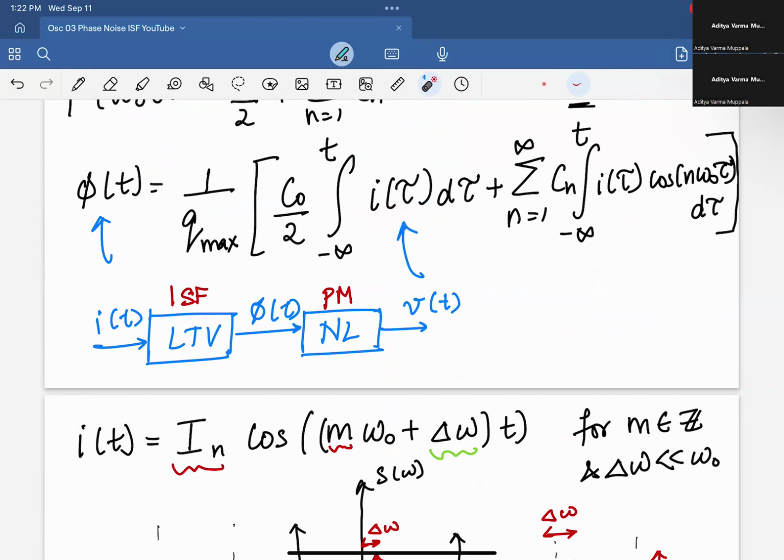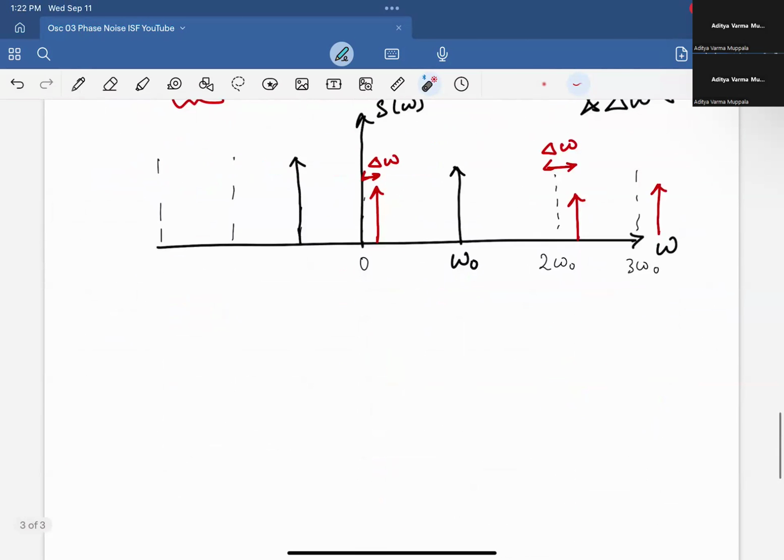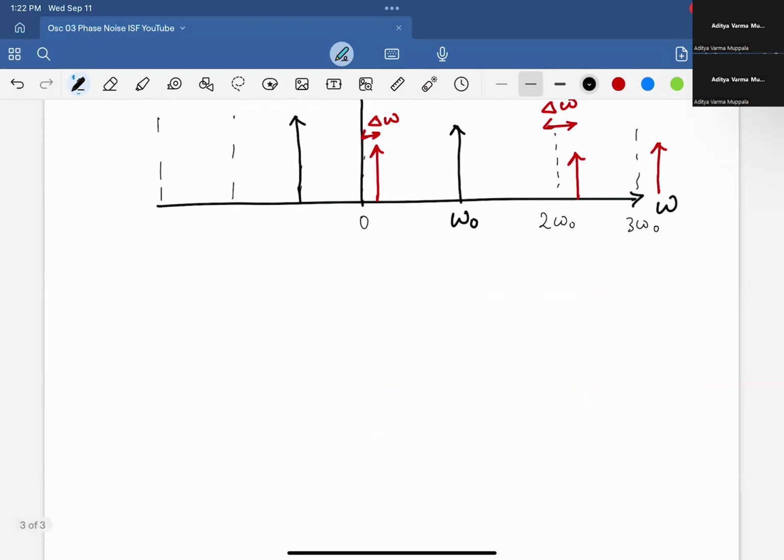So we'll have to plug it in and basically go through all the math and look at what comes out. It's not actually that complicated. So let's take a look.